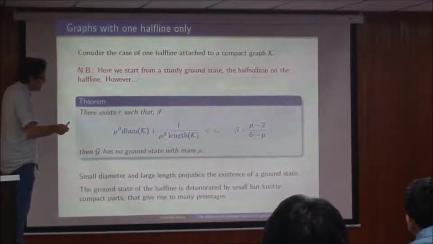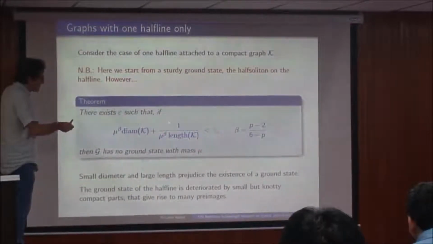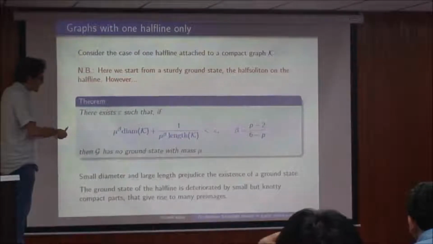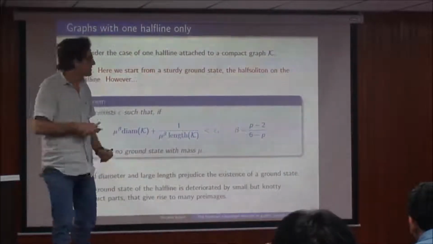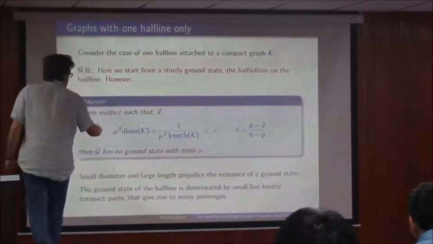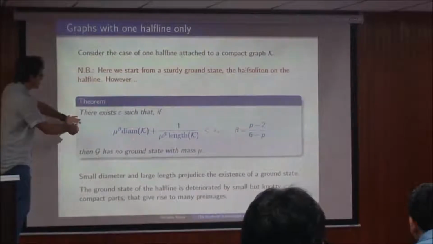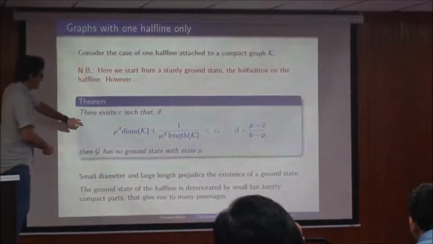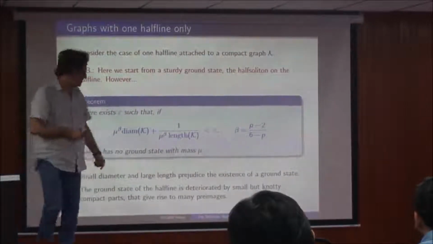But also, if mu is very small, the second term can exceed epsilon. So in general, you will find a ground state. But if the diameter and the length of the compact core of the graph are suitably chosen, then there can be a region of masses in which there is no ground state.